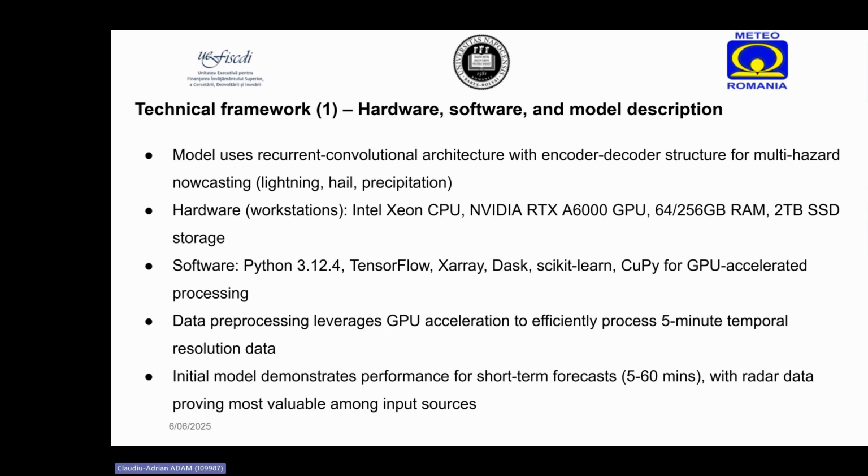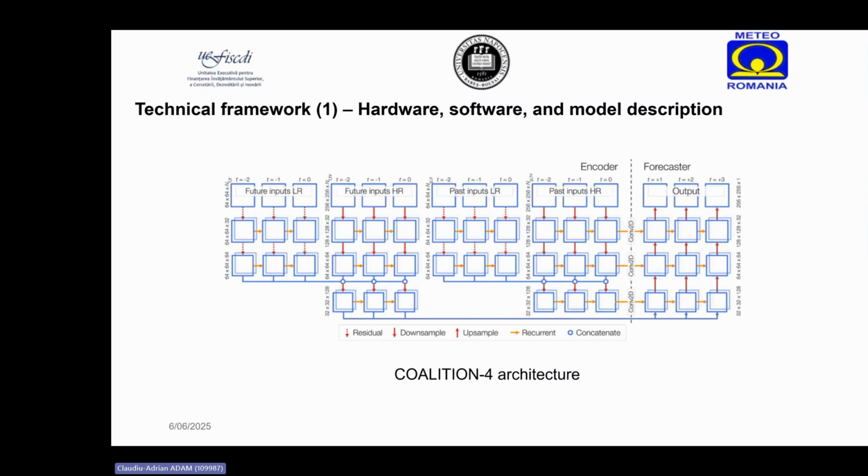Okay, this is the architecture they used, the COALITON-4 architecture. Not much to say here. As I've said, an encoder-decoder architecture. They used past and future inputs at lower and higher resolutions.